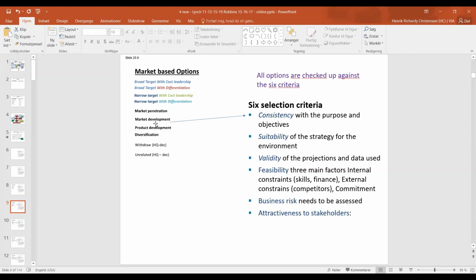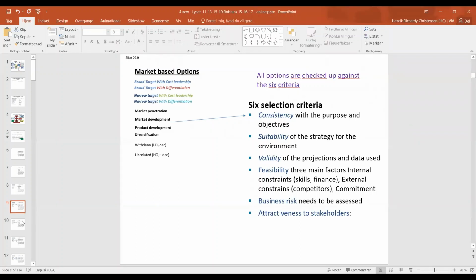So that is an option that we have, and this option we need to check against these criteria. The first criterion is: is market development consistent with our purpose and our objectives in general? That is the first thing we need to ask ourselves. Does this option fit into the consistency with purpose and objectives?